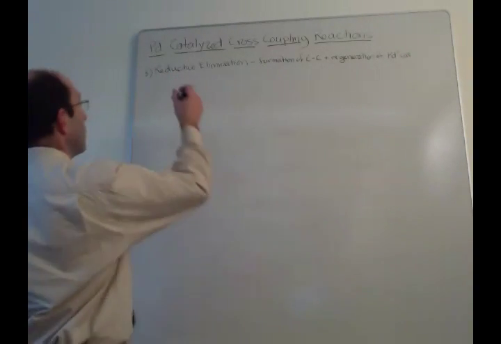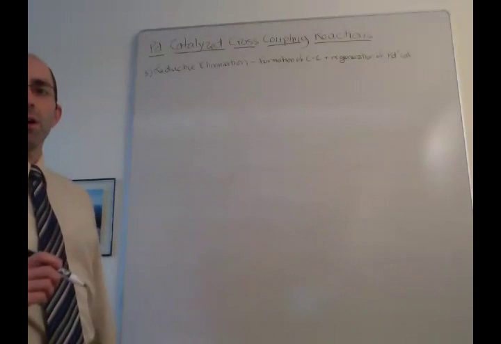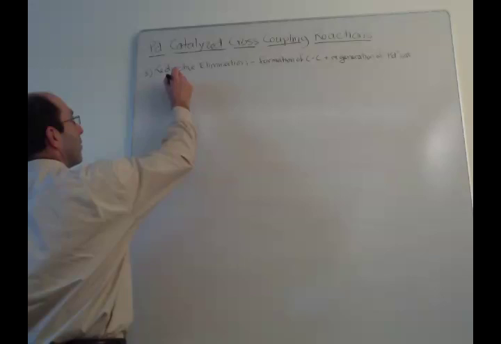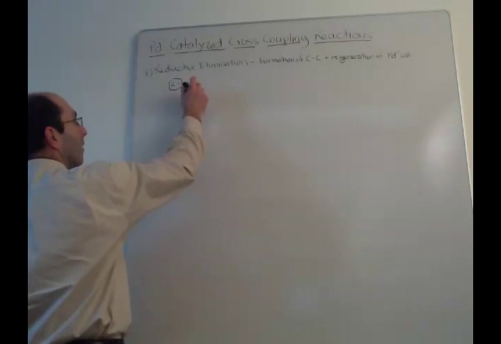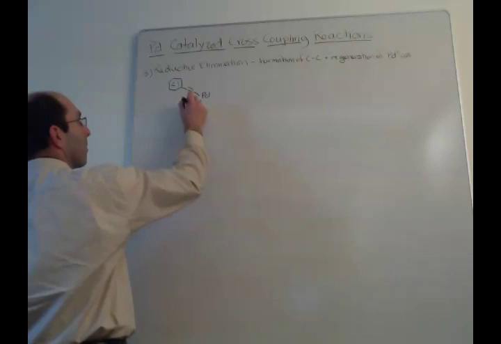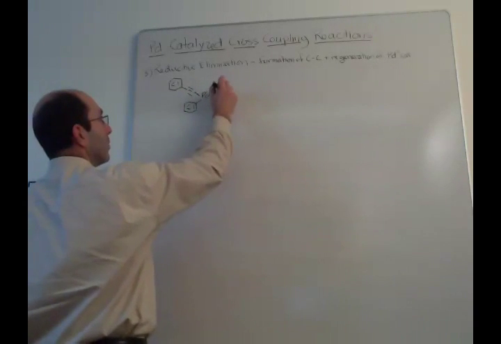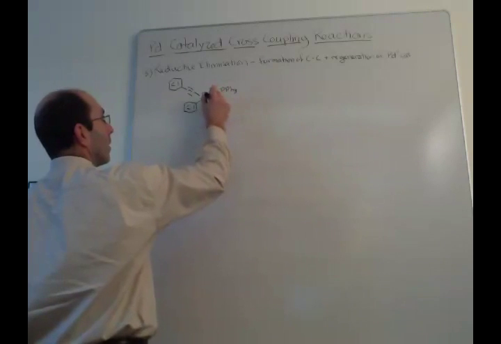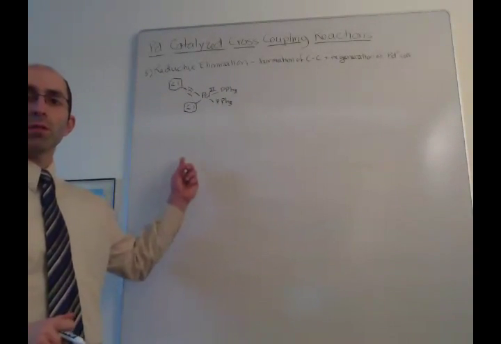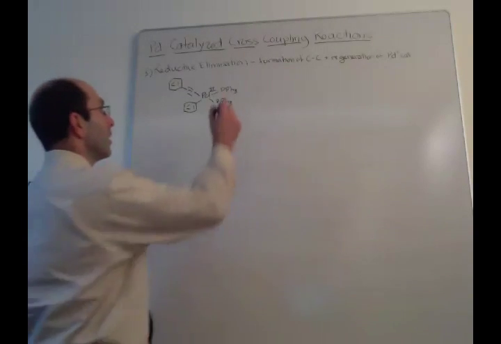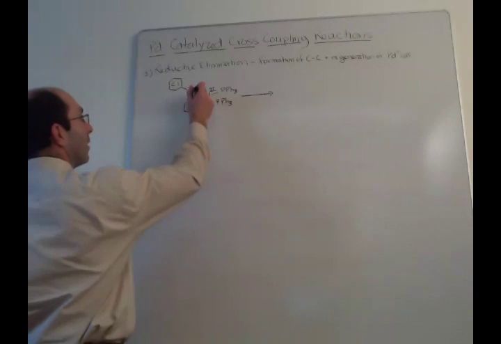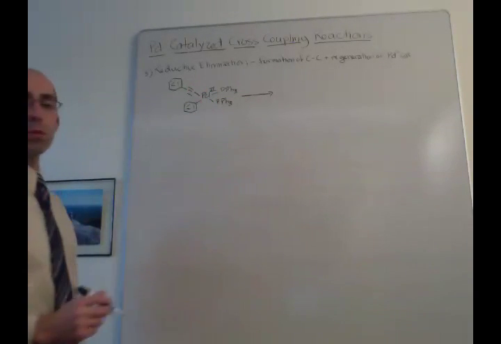And so if we were looking at the Sonogashira reaction, we would have something that looks like this, palladium 2. We could form this in a Sonogashira reaction, and then in the reductive elimination step, we're going to form a bond between those two carbons.